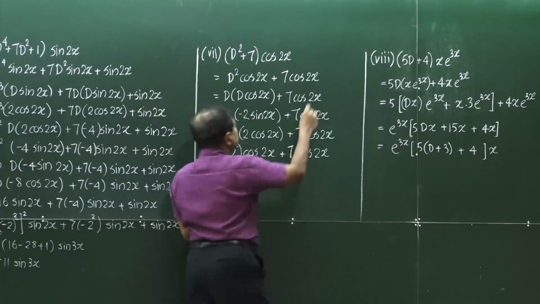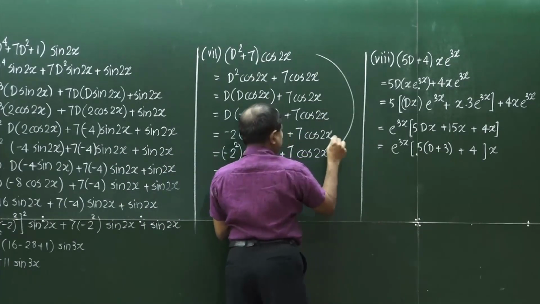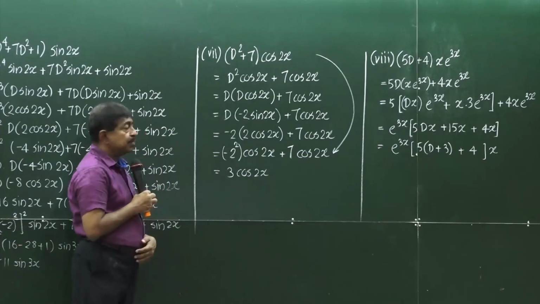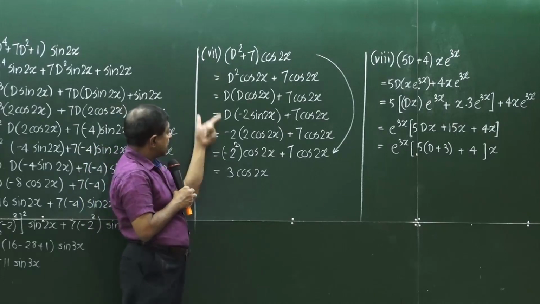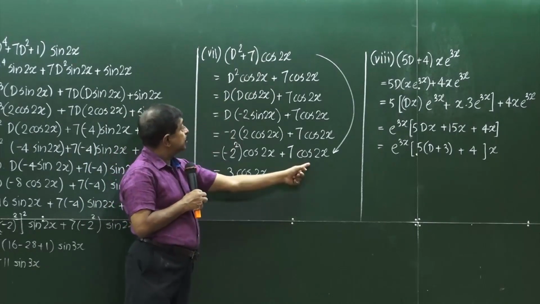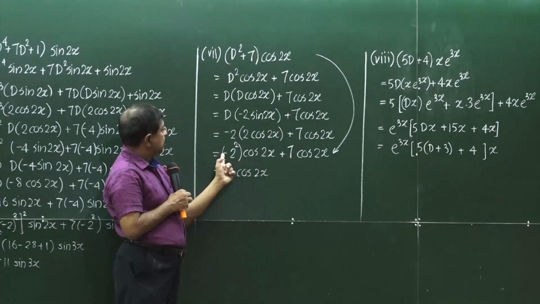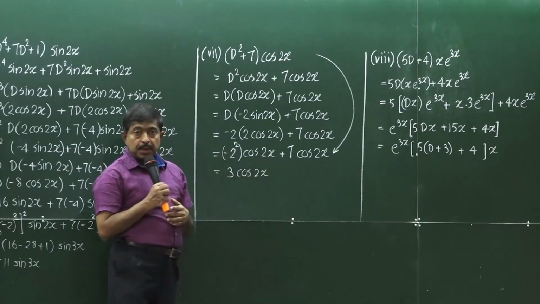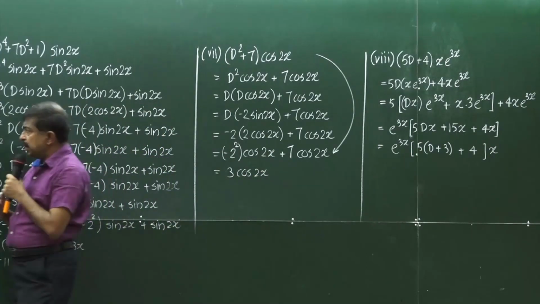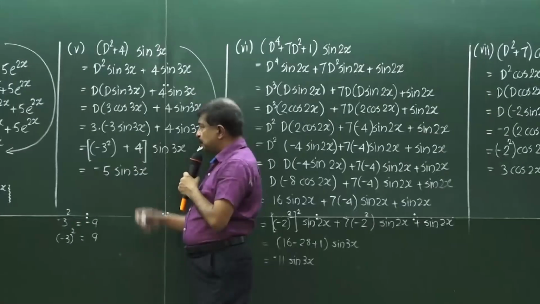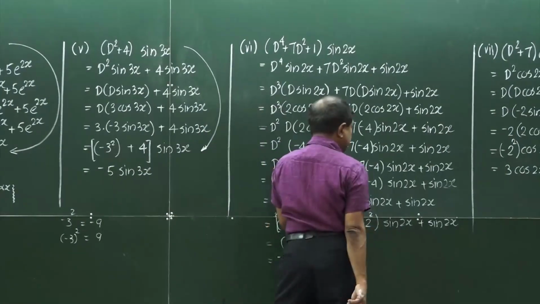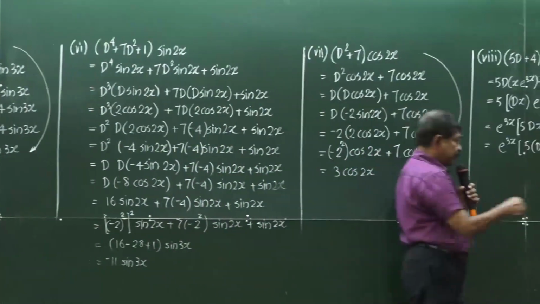Again, look. Can't we jump from there to here? You can do that. Look, cos 2x is there. If you pull out this, I could have pulled out that. Here you see I have pulled out. But there, I didn't, let me do that for you.